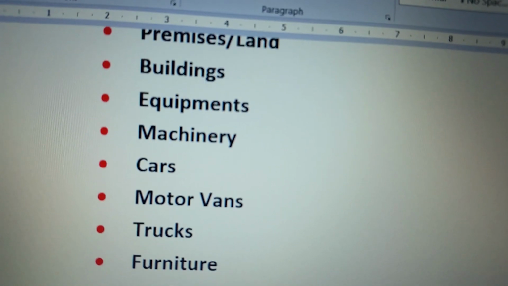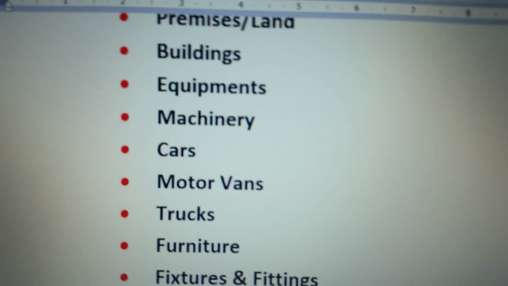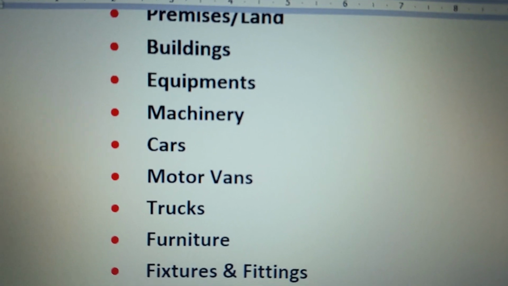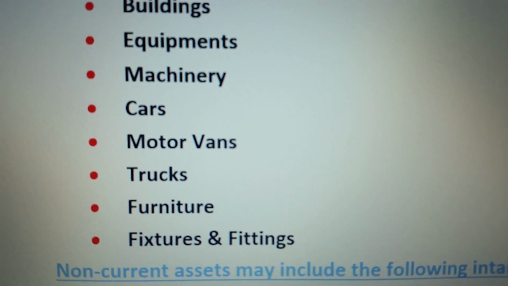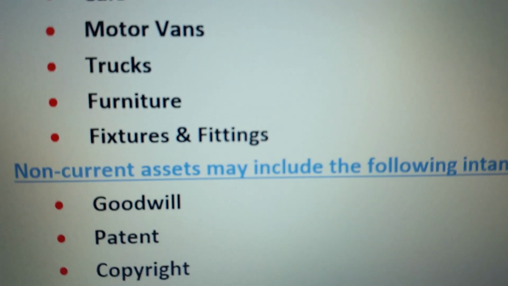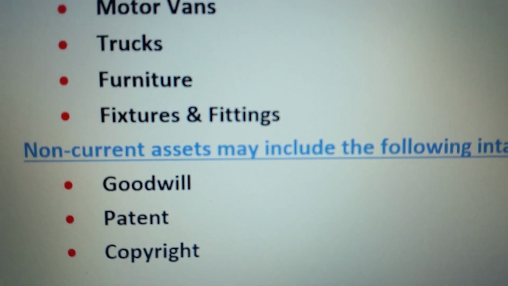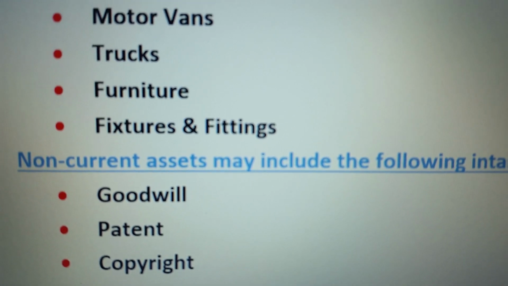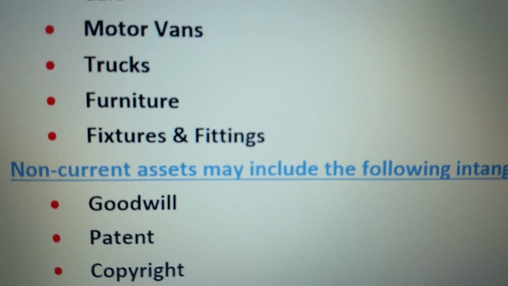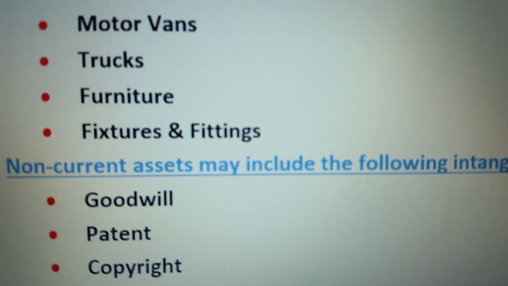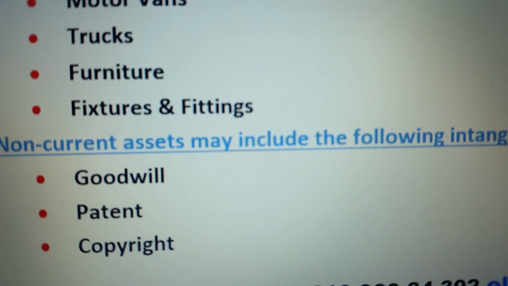Premises means land, building, equipment, machinery, cars, motor vans, trucks, or furniture and fittings. Furniture and fittings means shelves, small equipment used to display your product, such as the shelves used by Carrefour or any hypermarket to display its goods.